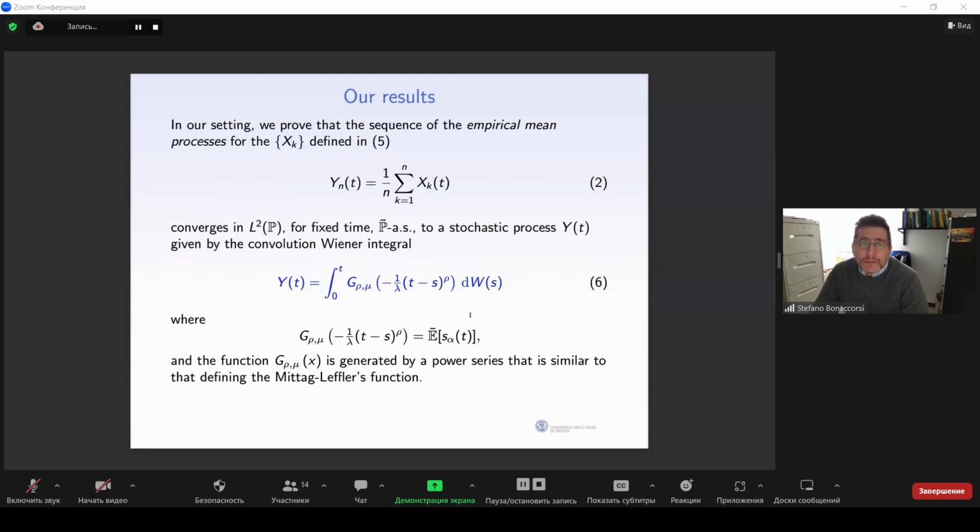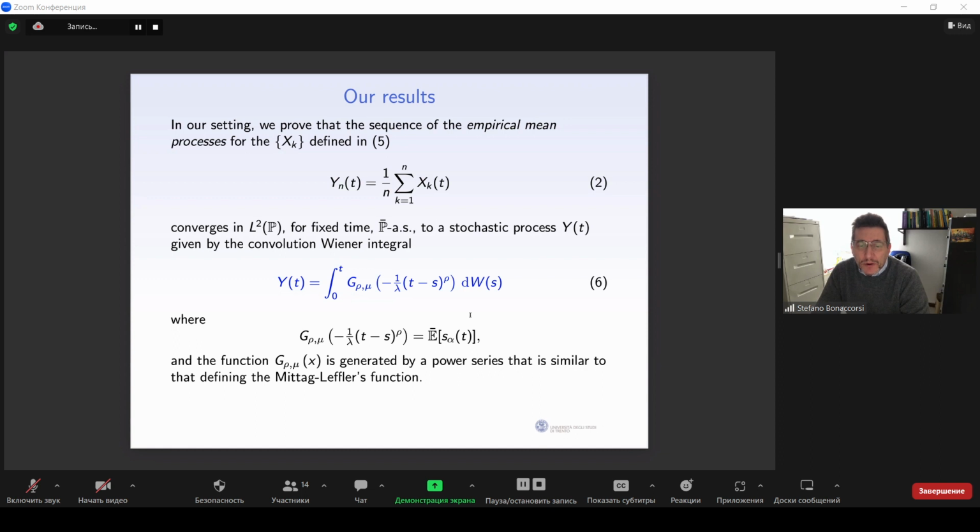Now we write again the sequence of empirical mean processes, now with respect to our new, more general processes xk. And we want to show that the similar results proved before hold in our case. What changes clearly is the form of the limit process.